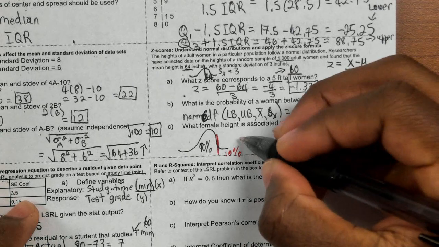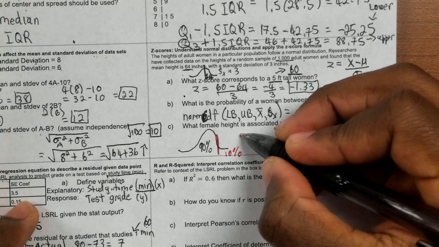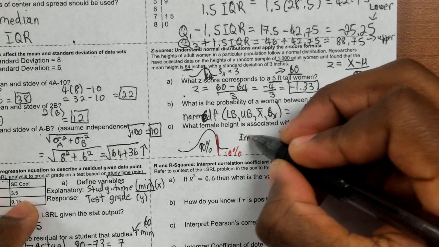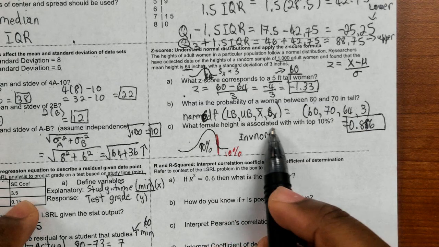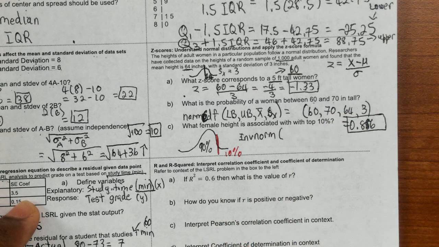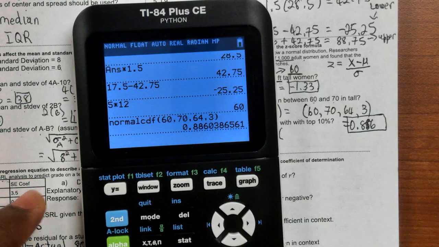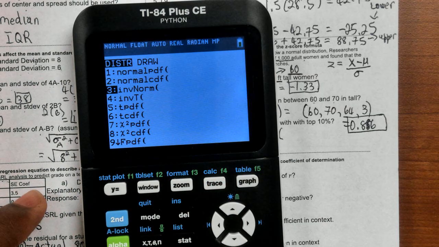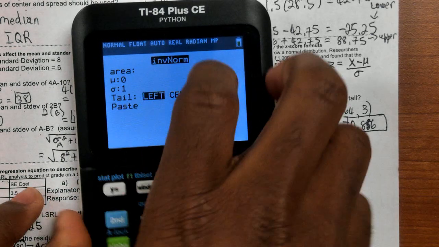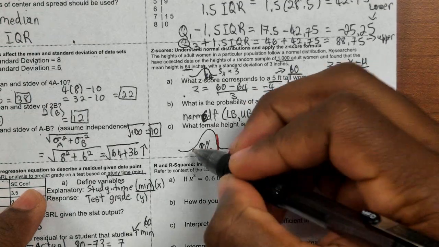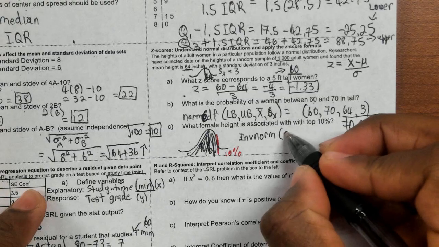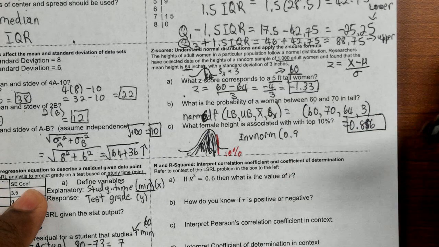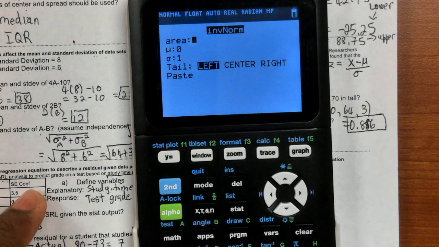In this case, I will need to use inverse norm, because I'm trying to find the height that's associated with it. When you're doing inverse norm, you need to find an area to evaluate it for. I'm looking at this area right here, that 90%. 90% is the same as 0.9, so that's the area I'm evaluating it for.